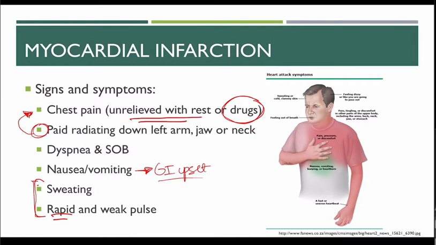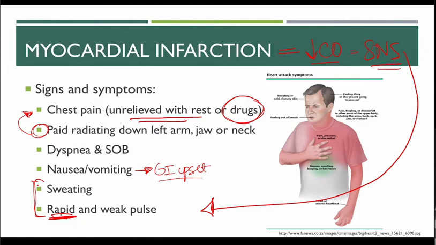Because even the cells that haven't died, if they are cells in hypoxic injury, they're not squeezing hard. So it's very common that during the myocardial infarction, there will be a reduced cardiac output. And reduced cardiac output is going to activate the sympathetic nervous system. So if you think of a big sympathetic nervous system activation, you would expect a rapid pulse.